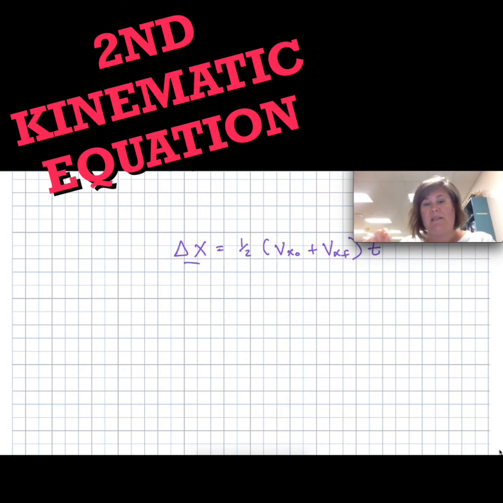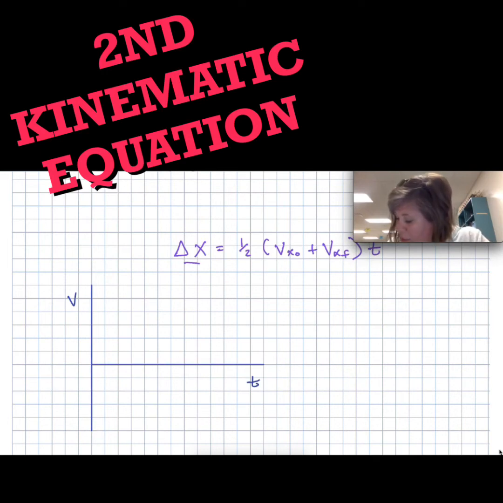So now where does this equation come from? How do we derive this equation? Well, it all comes from a velocity versus time graph. So if we have a velocity versus time graph that looks, let's say, like this, this would be uniform acceleration, okay?